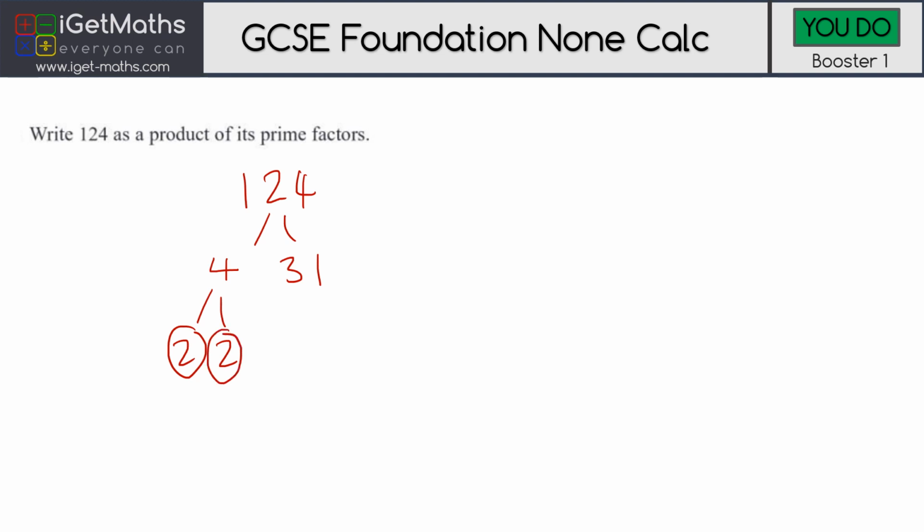And then be very careful here, they'll give you a large prime number. So some students might be trying to break this down, but this is actually a prime number. So your final answer is 2 times 2 times 31, which would just be 2 squared times 31.